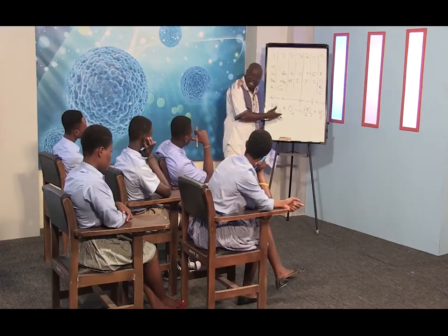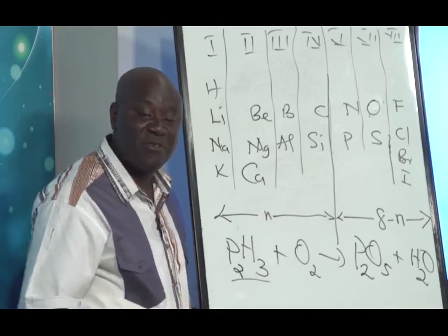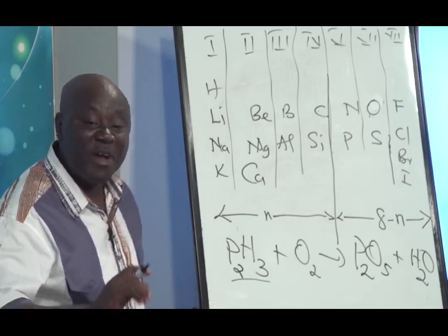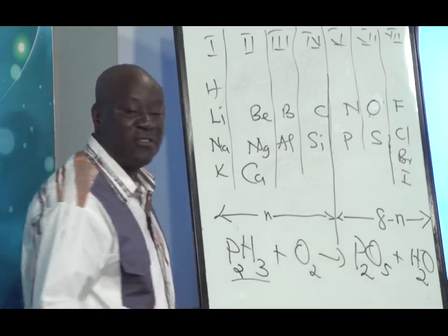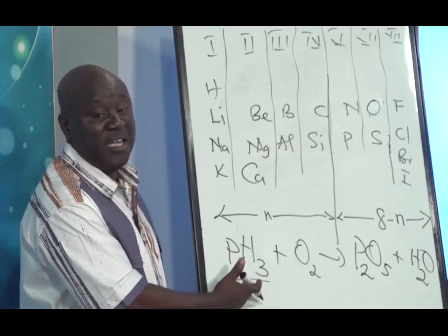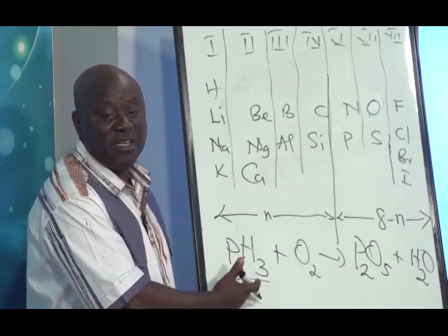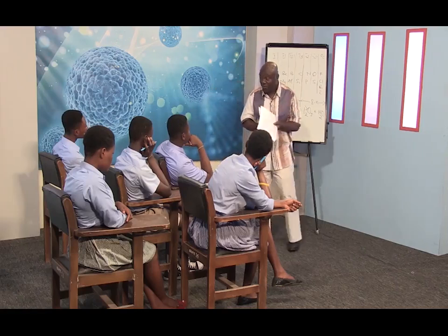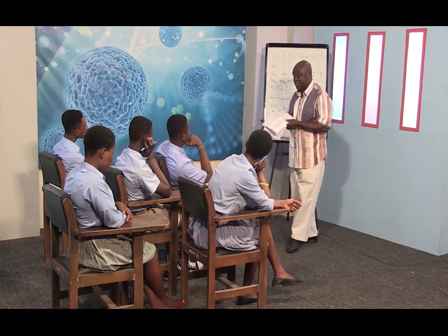So you have changed the identity of the compound, and this makes the whole equation wrong, even though you have maneuvered to make the number of atoms the same. It's no more phosphine, and therefore your answer is what? Wrong. Chemical equations are balanced by changing the stoichiometric coefficients and not the subscript.